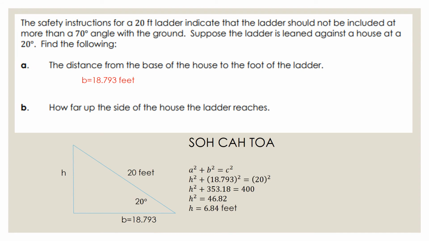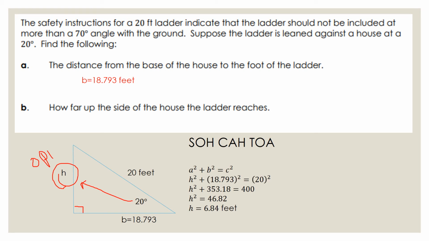So we've not answered the entire question. We found that the base, or the distance from the house to the bottom of the ladder, is about 18.793 feet. But we still need to find how far up the side of the house the ladder is going to reach, which is this h right here. We are able to use our trig ratios if we want to.